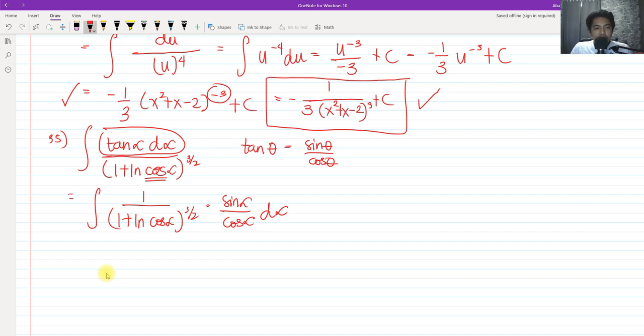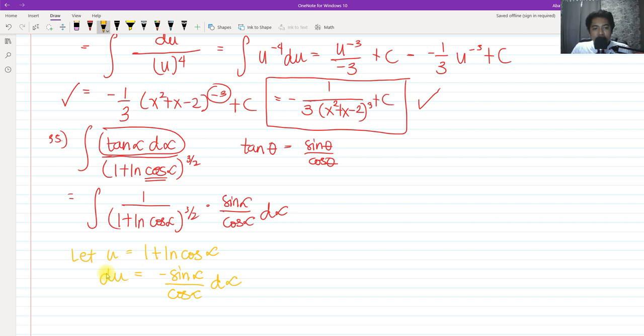Furthermore, let u be the expression inside the denominator, 1 plus ln of cosine alpha. The derivative of that: the 1 becomes 0, of course. The derivative of ln cosine alpha is the derivative of cosine alpha, that's negative sine alpha, all over cosine alpha itself.